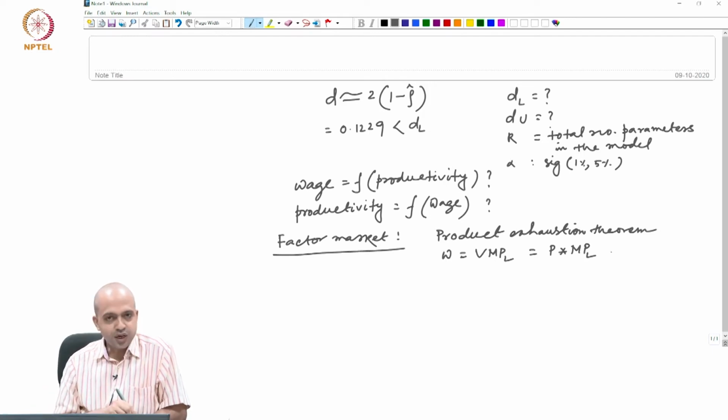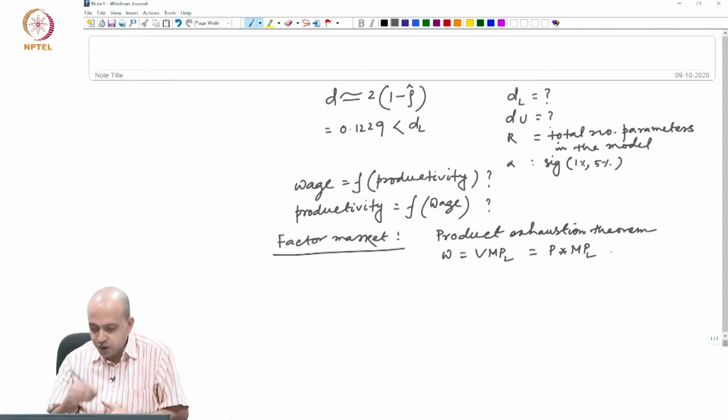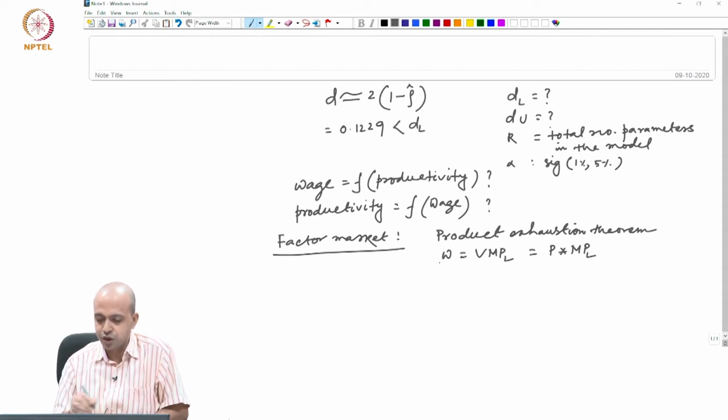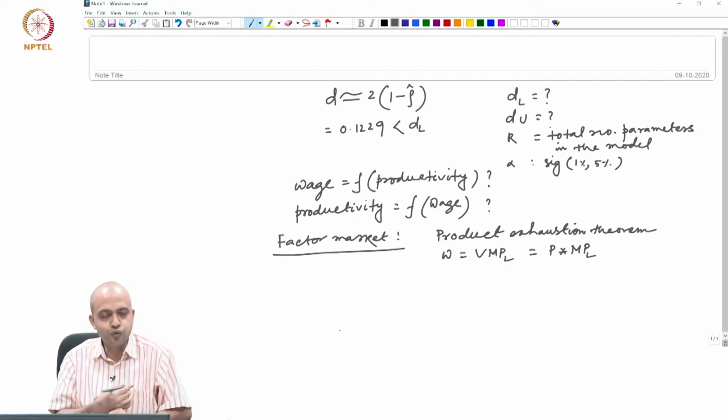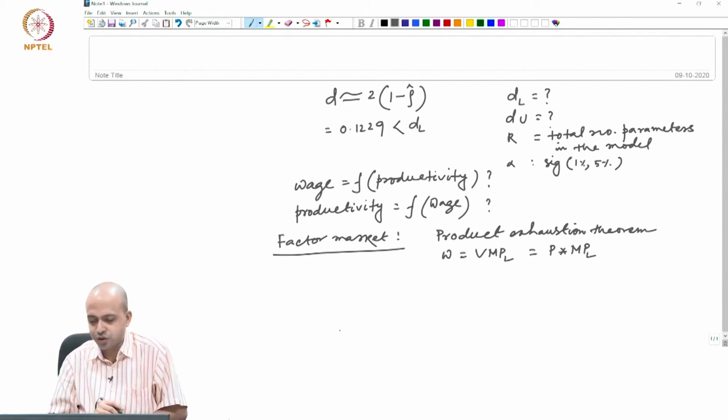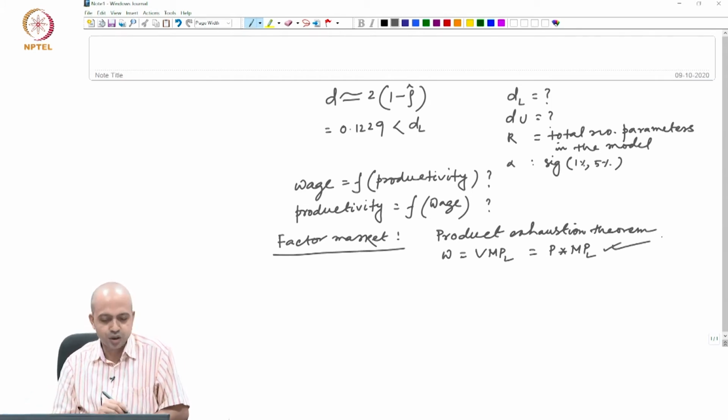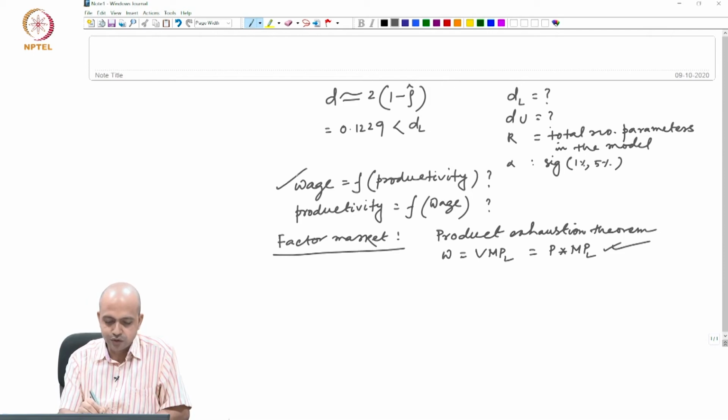So, if you multiply the marginal productivity of labor with the price level, you will get the value of marginal product, and that, at the equilibrium, should be equal to the wage rate. That is the equilibrium condition. And if the laborers are paid according to their value of marginal product, then the total value of your output will get exhausted. That is called the product exhaustion theorem. So, this theory gives some guidance that actually wage is a function of productivity.